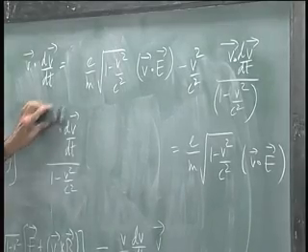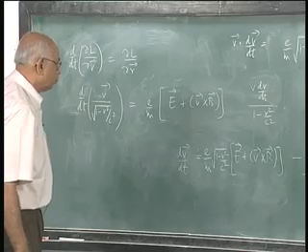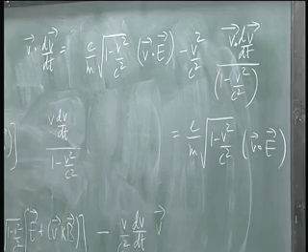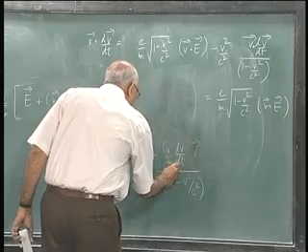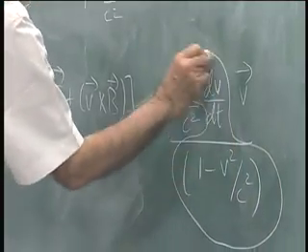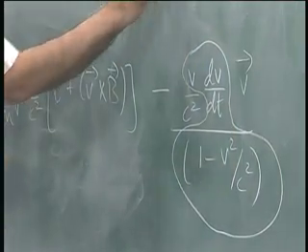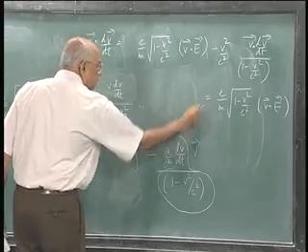And this is V dV over dt, right. So we put that back here. I am going to substitute this equation for V dV over dt.